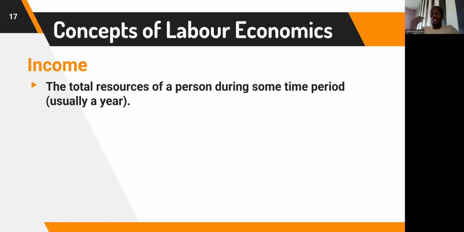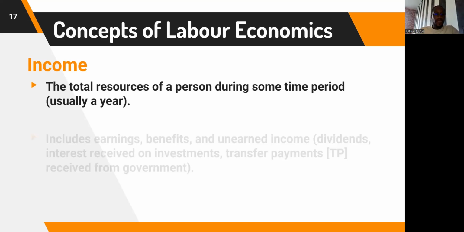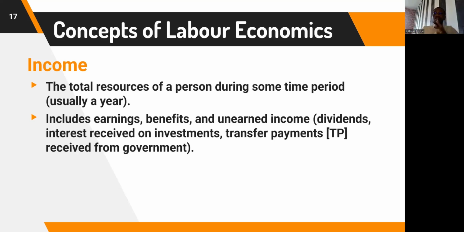That 24,000 is your income. You wouldn't want to call the 2,000 Ghana cedis that you get at the end of the month income. That is called the wage. So income includes your earnings, your benefits, and unearned income.